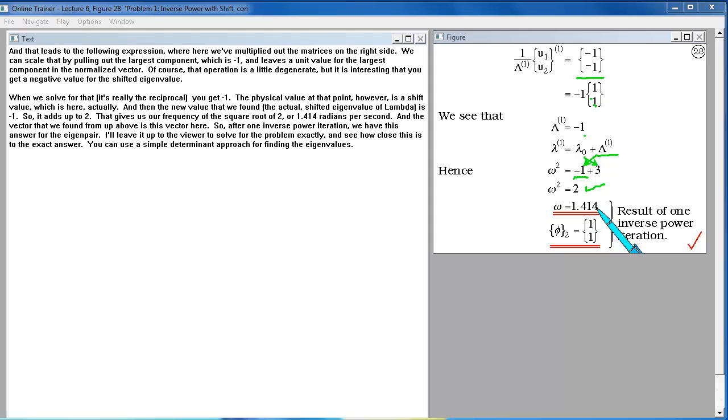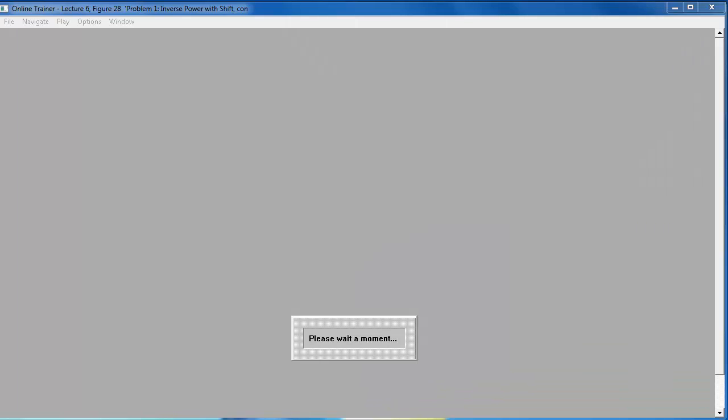And the vector that we found from up above is this vector here. So after one inverse power iteration, we have this answer for the eigenpair. I'll leave it up to the viewer to solve the problem exactly and see how close this is to the exact answer. You can use a simple determinant approach for finding the eigenvalues.